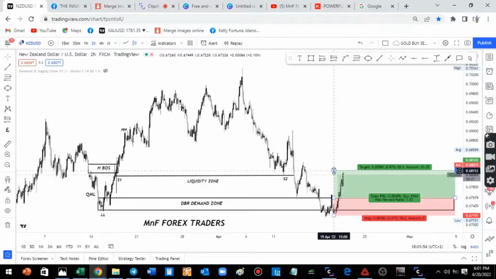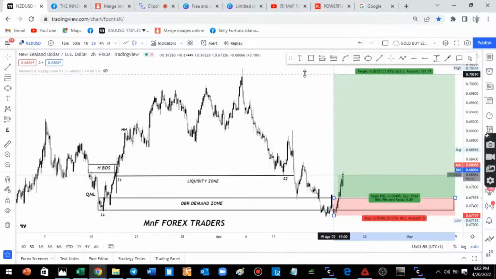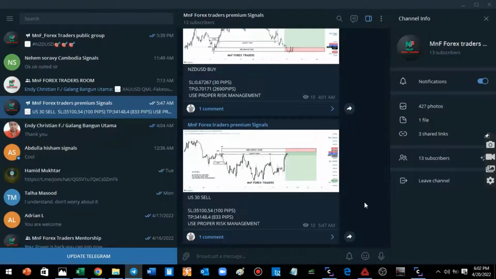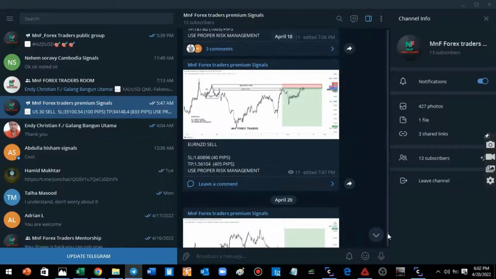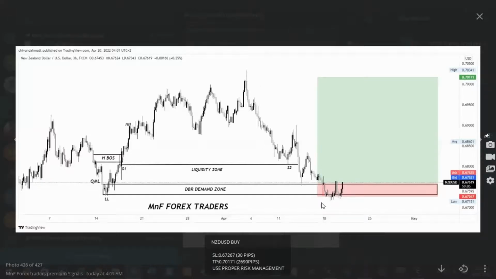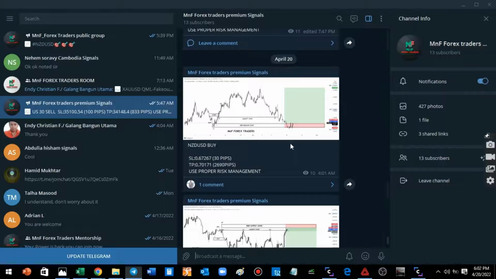Yeah, it's almost like 1.5 hours so far going on, just very, very nice. So this trade was actually sent. Let me just show you. The NZD is right here, right? You can see it was actually a buy. You can see the market actually was right here when I sent the signal, and the market is now almost at that level, which is actually a very, very nice setup.